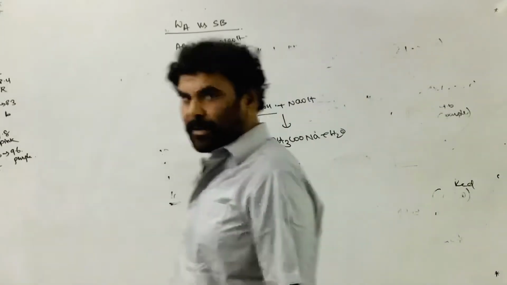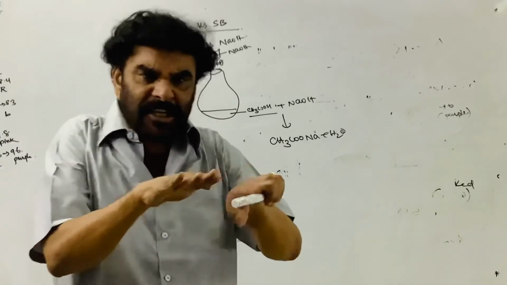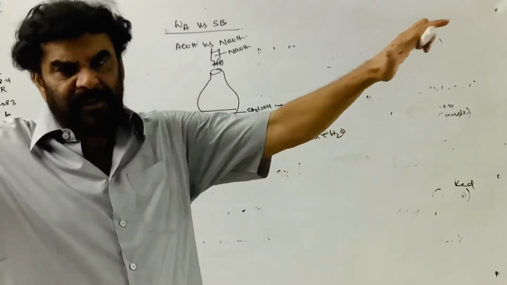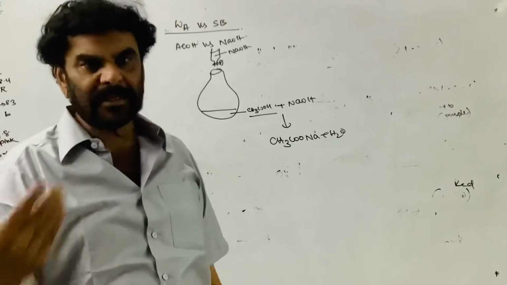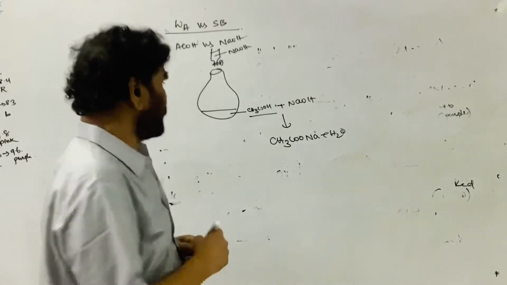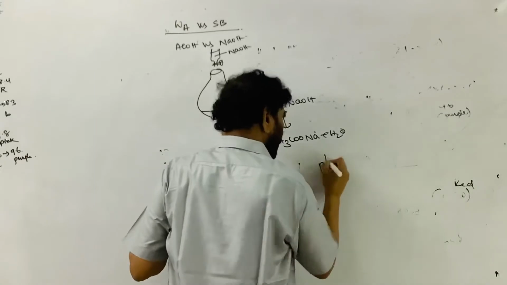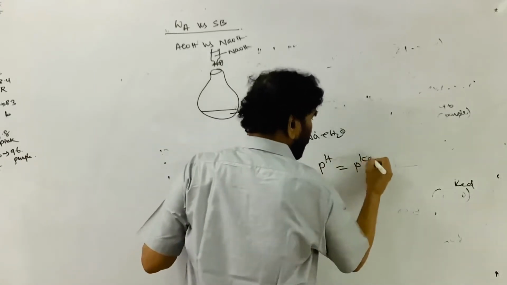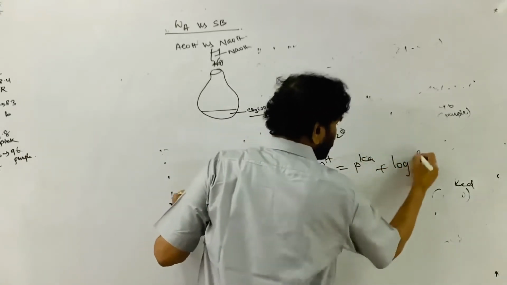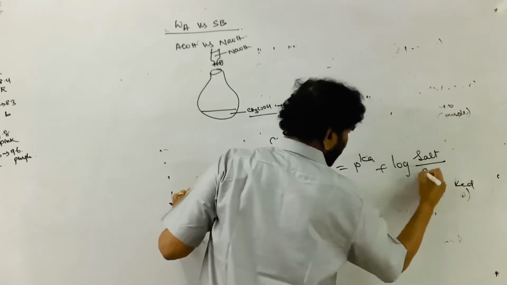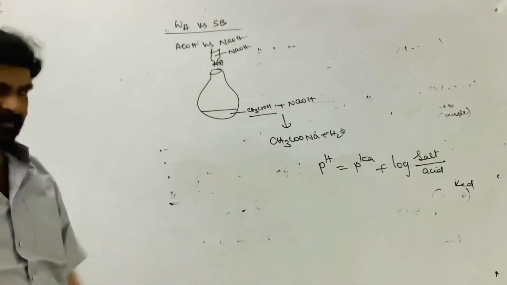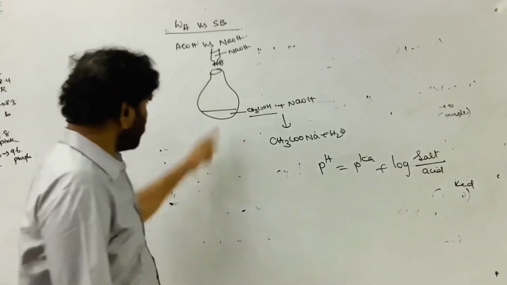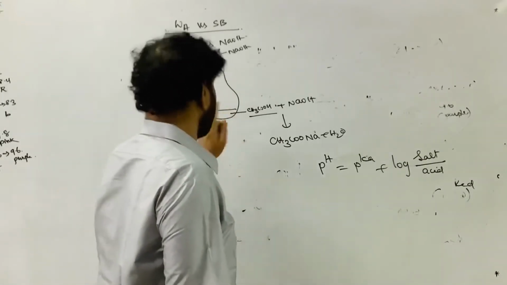There is not much fluctuation in the pH of the solution, though there will be a change. Time to time the acid content decreases, and for an acid buffer, pH is equal to pKa plus log of salt concentration by weak acid concentration. This is the buffer equation, Henderson's equation.